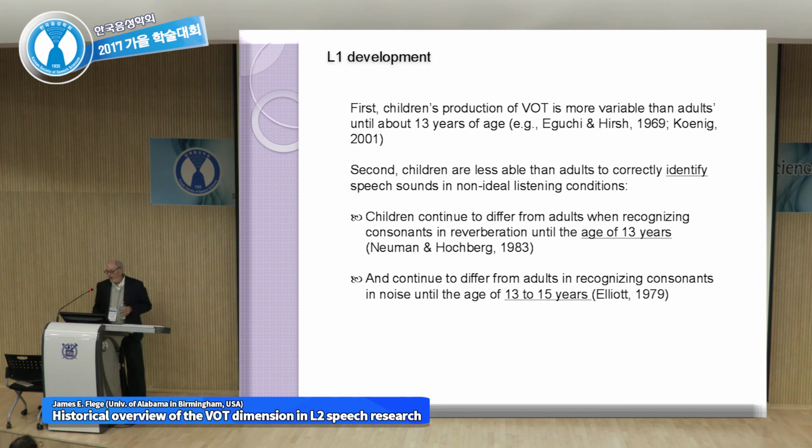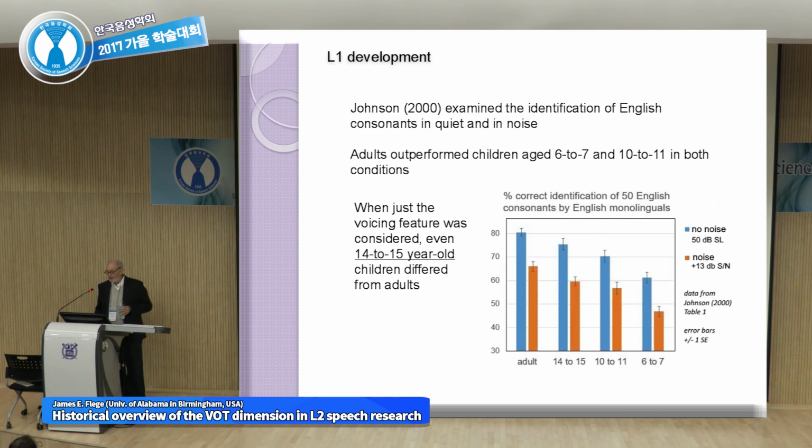Children continue to differ from adults when recognizing consonants presented in reverberation until about the age of 13. And they continue to differ from adults in recognizing consonants in noise until the ages of about 13 to 15.